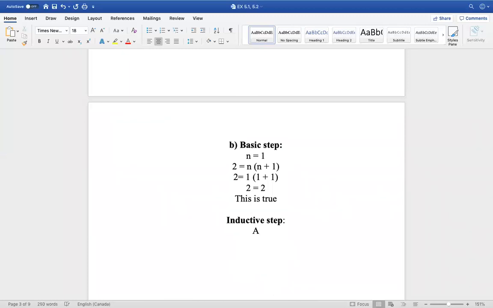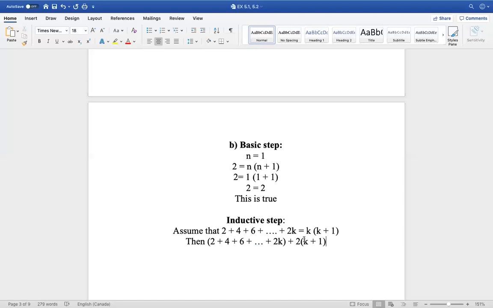So in the inductive step, we assume that 2 plus 4 plus 6 plus 2k equals k into k plus 1. Then 2 plus 4 plus 6 plus 2k, and then we have one step forward, which is 2 into k plus 1. This is the next element.